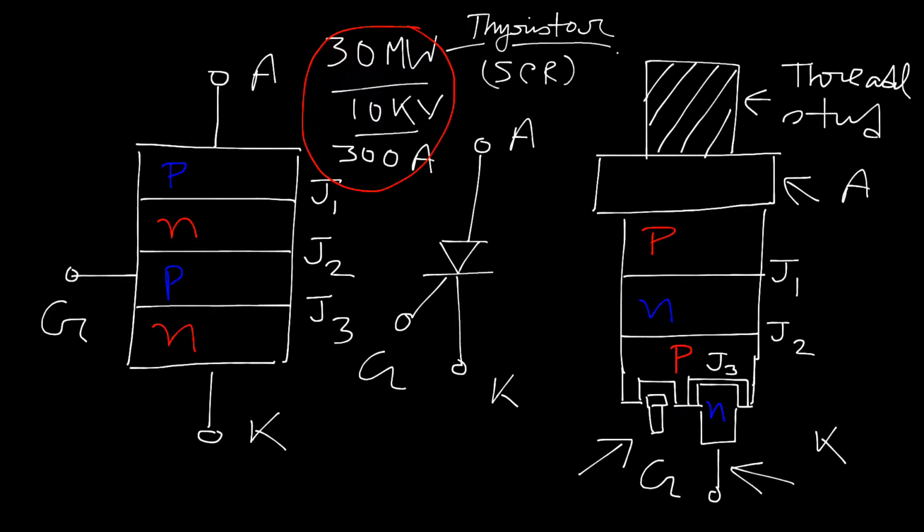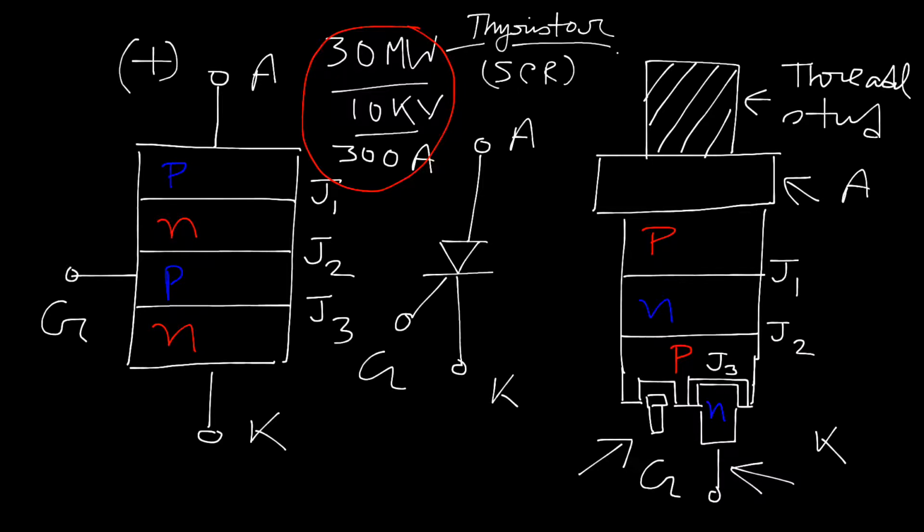Now the working principle. Listen very carefully. Here we cannot simply say the anode is positive and cathode is negative. Here we say the anode is more positive with respect to the cathode. So consider the anode is more positive with respect to the cathode. Then the device is under forward biasing condition, as current starts flowing from anode to cathode.